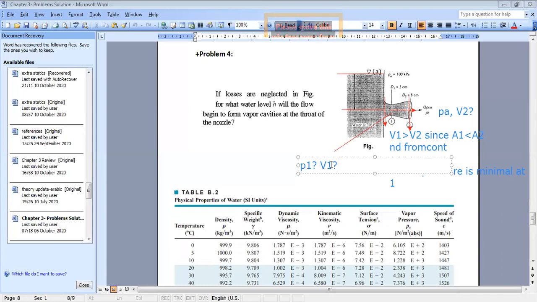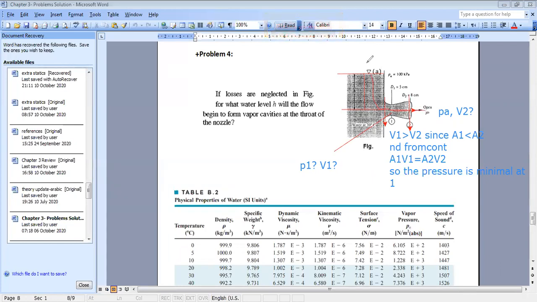Can you tell me what I should do to get a second relation? We begin from the surface, the top. Very good. We can apply Bernoulli between the surface and point 2, because if I draw my streamline, it starts from here, follows a curve, and then does a small 90 degree turn to go out.